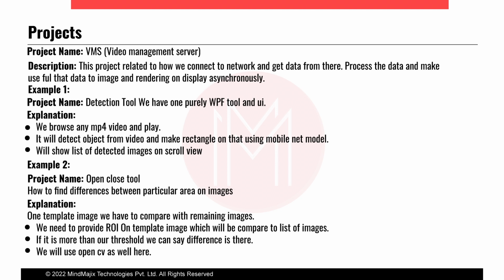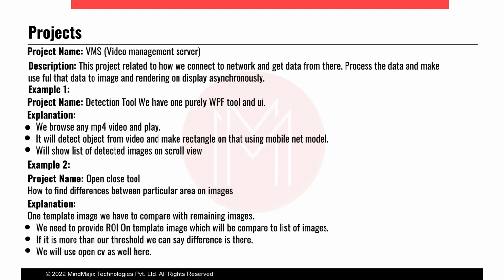If there are differences, we have a threshold value, so if the changes are more than the threshold value, we can say there are some changes from this image to that image. I call this the open close tool because I worked with shutter open and shutter close.